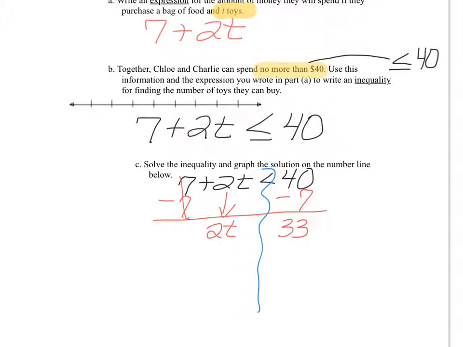Subtracting does nothing to my inequality, so I still have less than or equal to. Then I'm going to divide by 2, and I get t. Dividing by a positive does nothing to my inequality, and so I get t is less than or equal to 11.5.